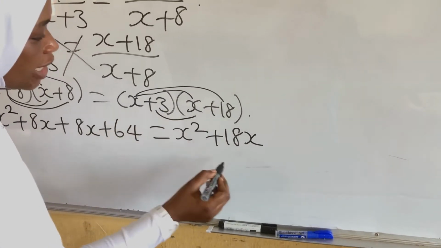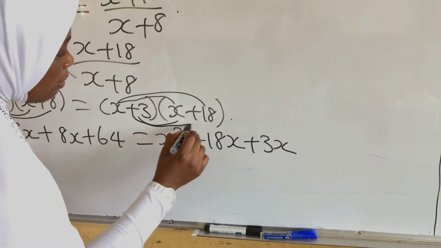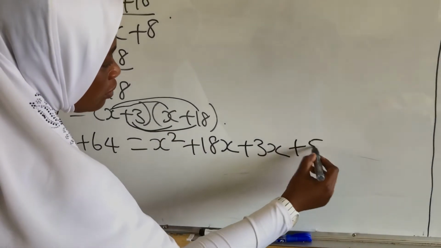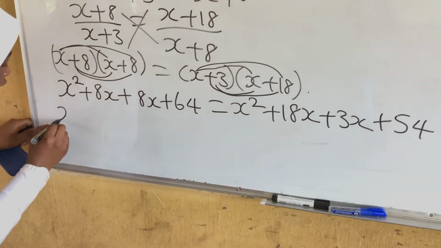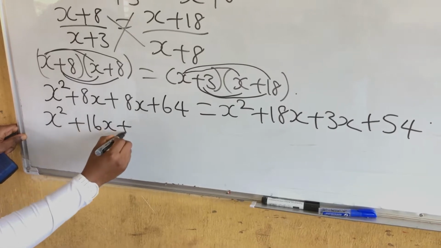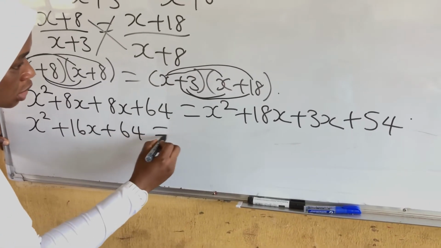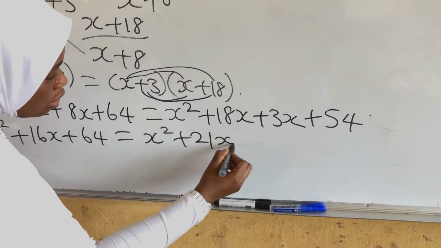Plus 3 multiplied by x gives plus 3x. Plus 3 multiplied by plus 18 gives plus 54. So here we have x squared plus 16x plus 64 is equal to x squared plus 21x plus 54.